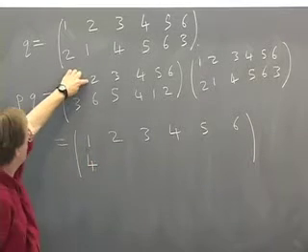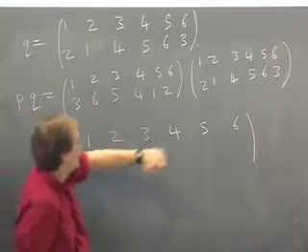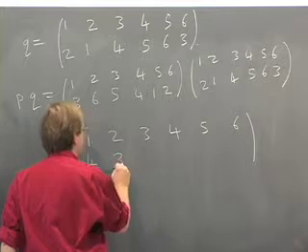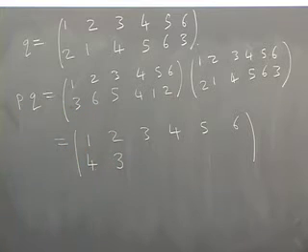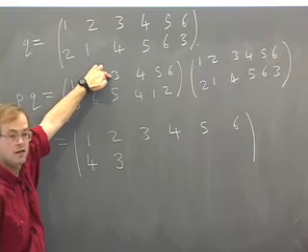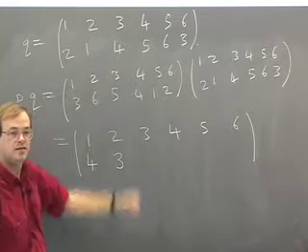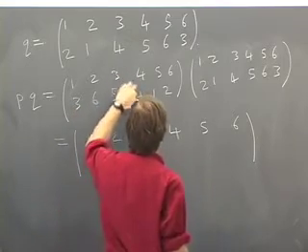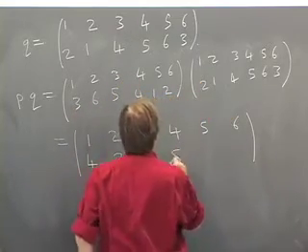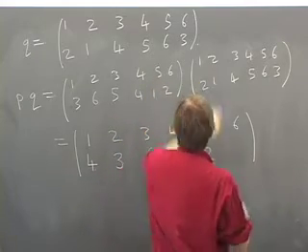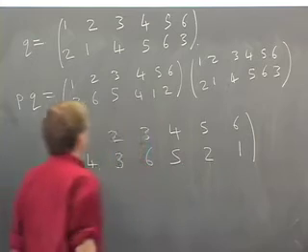Similarly, 2 under P goes to 6, and then under Q, 6 goes on to 3. So I would write a 3 here. So does somebody want to tell me what I write underneath 3? 6. Thank you. 6. And 4 goes to 4, goes to 5. 5 goes to 1, goes to 2. 6 goes to 2, goes to 1. I haven't made a mistake.